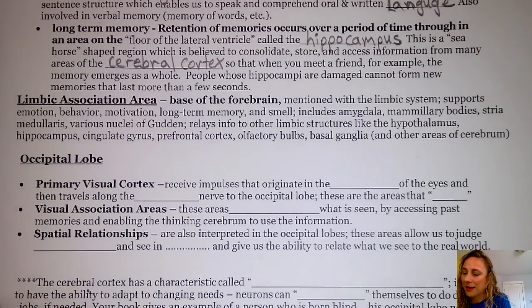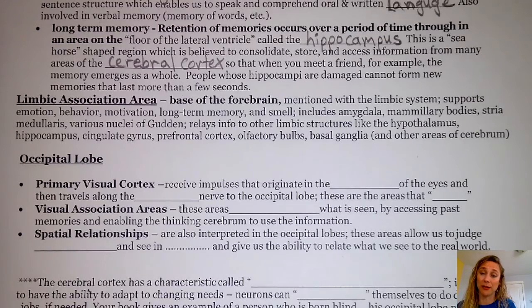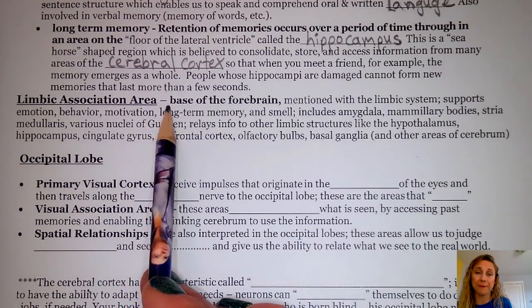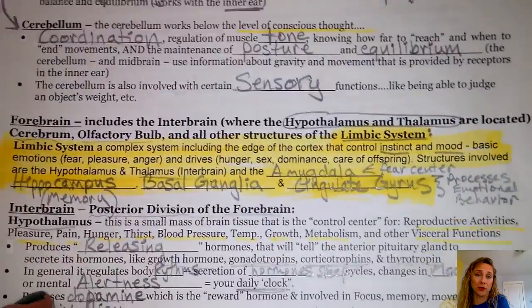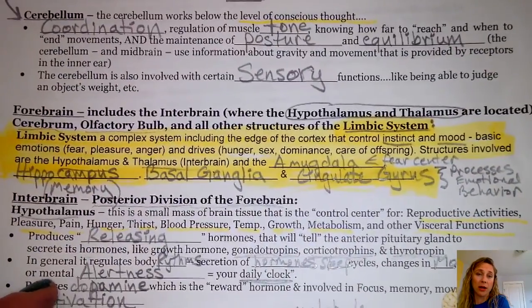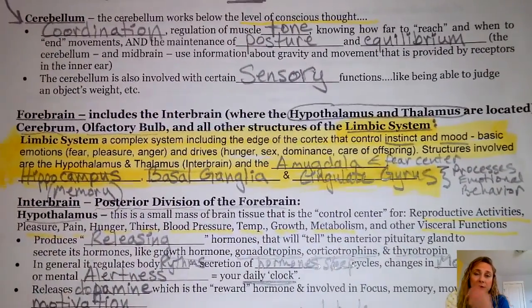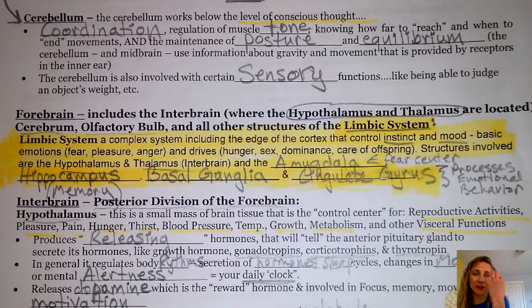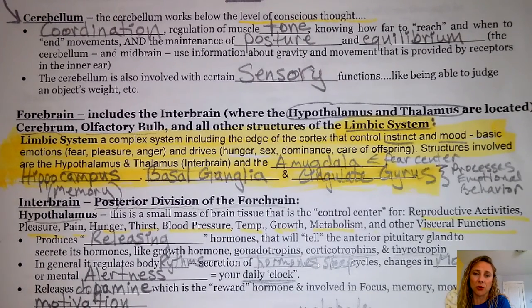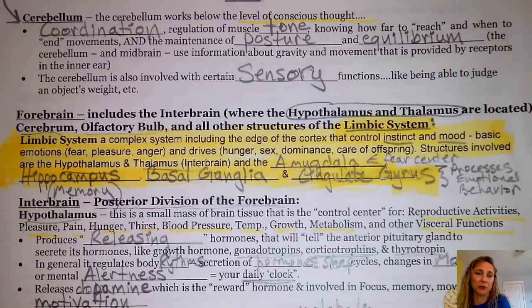That's fine. Okay, the next area we already mentioned a little bit. We mentioned it when we first started talking about the hypothalamus and the inner brain, and that's the limbic association area. So here it is in our notes before. It's down at the base of the brain, but it's a system of little areas that control instinct, mood, basic emotions, fear, pleasure, anger, drives, hunger, sex, dominance, care of offspring.